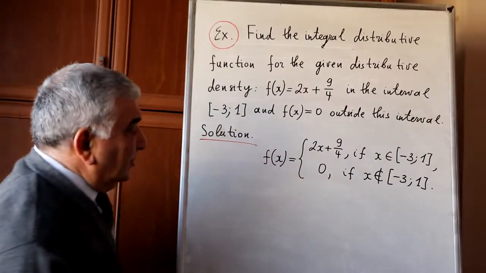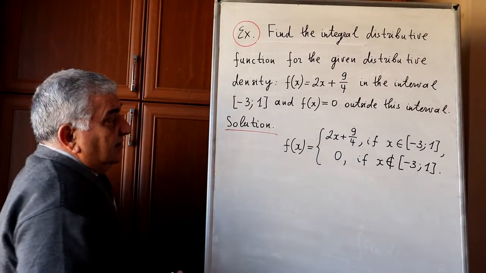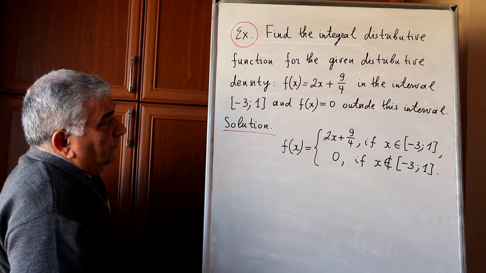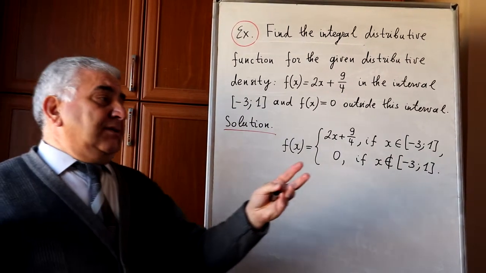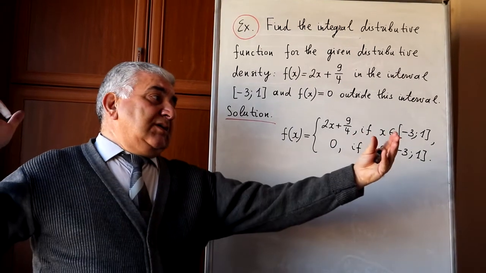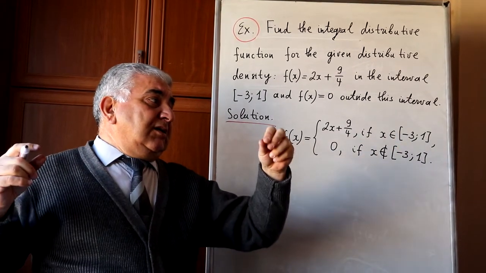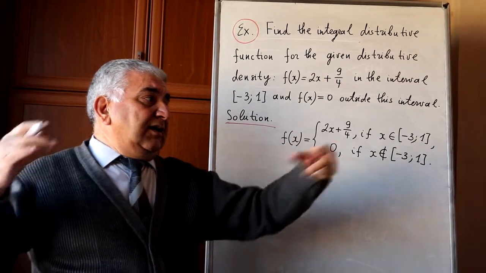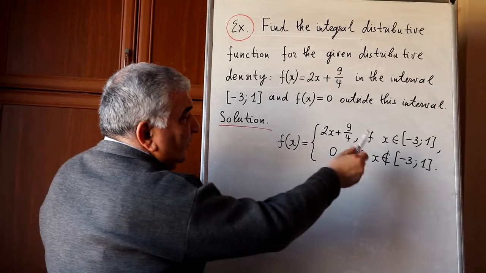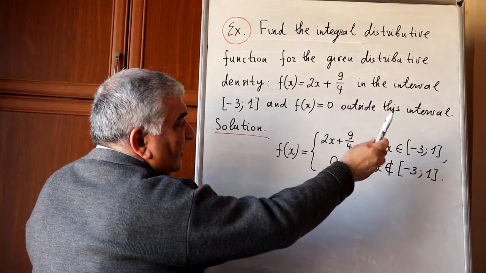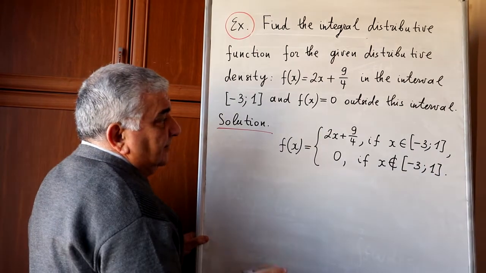And also we can rewrite this expression and separate the whole infinite interval from minus to plus infinity into three intervals. Before minus 3, between minus 3 and 1, and after 1.